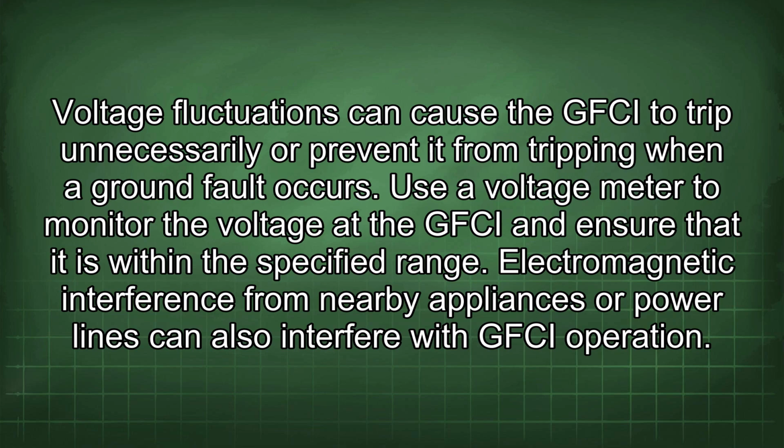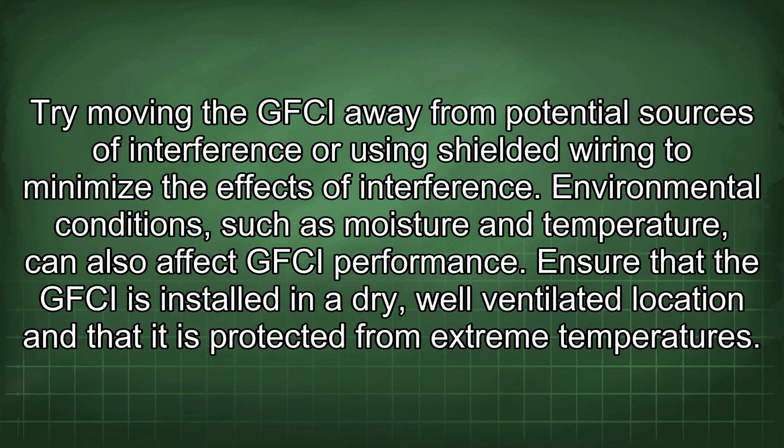Electromagnetic interference from nearby appliances or power lines can also interfere with GFCI operation. Try moving the GFCI away from potential sources of interference or using shielded wiring to minimize the effects of interference. Environmental conditions such as moisture and temperature can also affect GFCI performance. Ensure that the GFCI is installed in a dry, well-ventilated location and that it is protected from extreme temperatures.